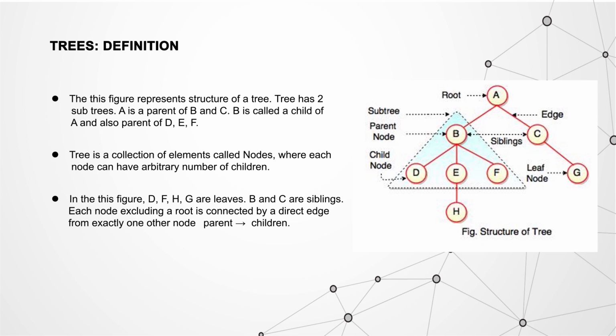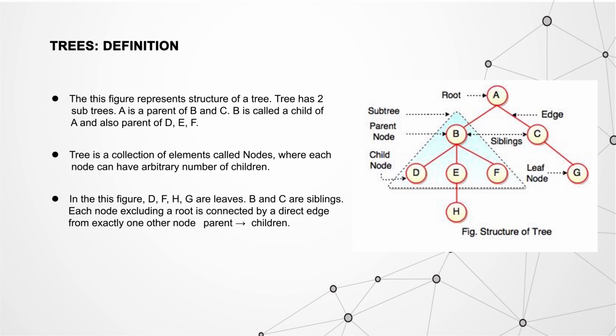Again, B produces 3 children, here D, E and F. D, E and F are all successors of B, and they are grandchildren of the node A also.